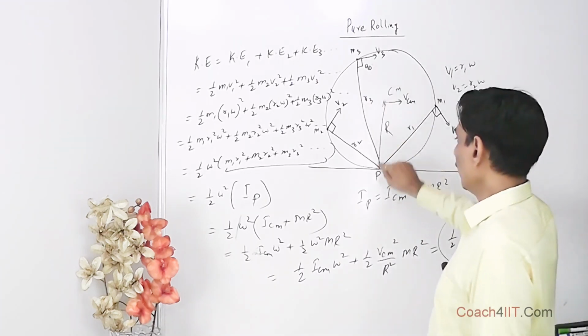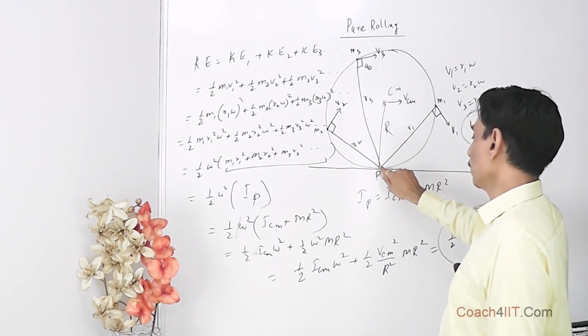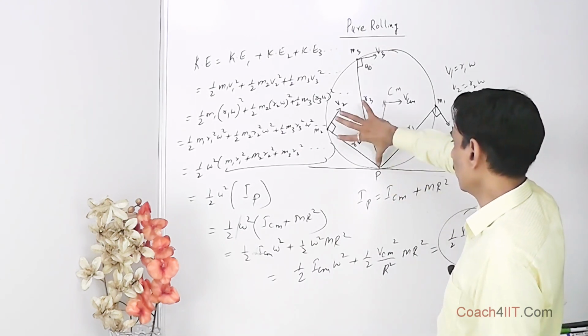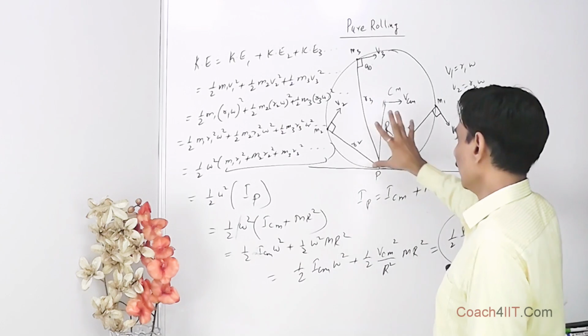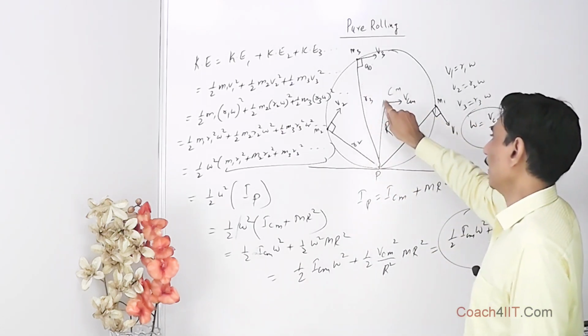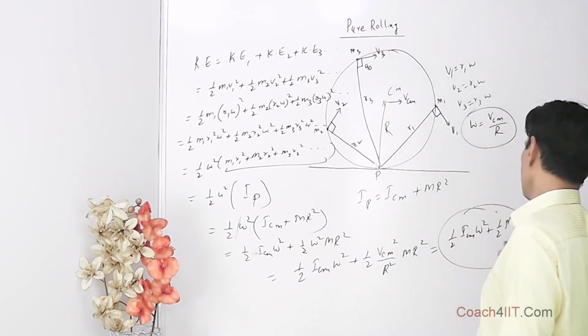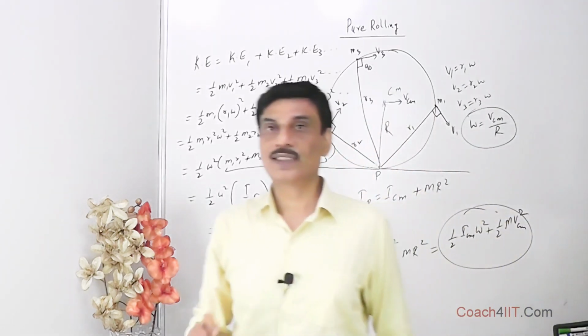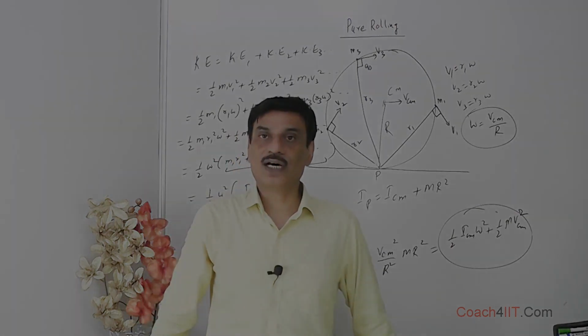So the total kinetic energy is either pure rolling about this axis, or equivalently the rotational kinetic energy about the center of mass plus half m VCM square, the pure translational kinetic energy of the center of mass.